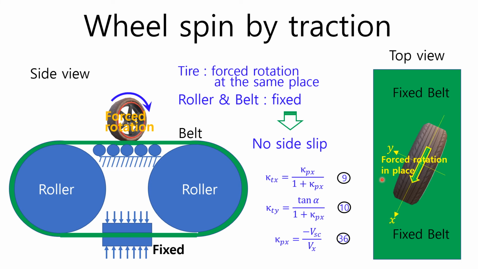From this, when the wheel spin occurs, Vx becomes zero. As a result, kappa px increases infinitely in equation 36, and kappa ty becomes zero in equation 10. Therefore, it is possible to clearly understand the phenomenon that the side slip disappears theoretically.